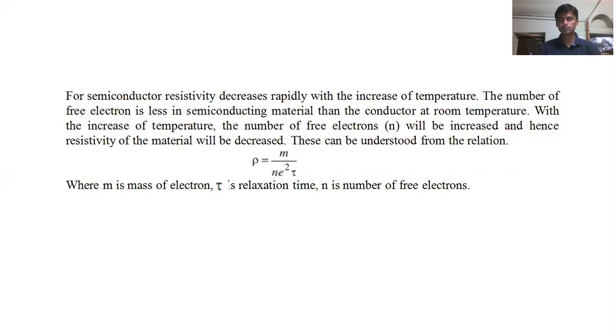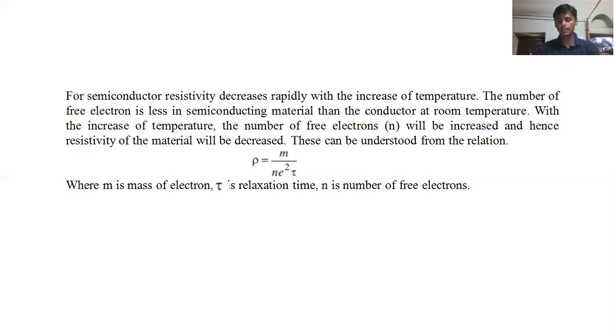So when you increase the temperature, the electrons jump from the valence band to the conduction band. After some time, a greater number of electrons gather in the conduction band, so n is increasing.